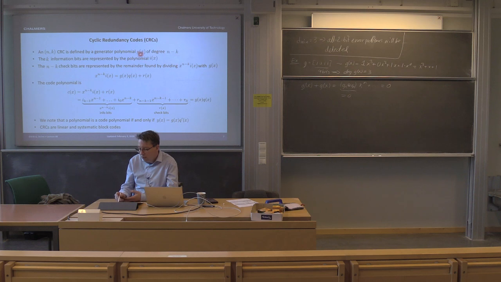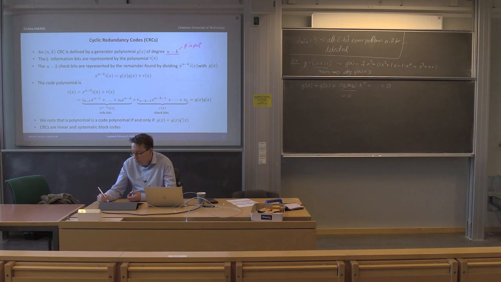Okay, and the degree of the generator polynomial is n minus k. And remember that k is the number of input bits, and n is the number of output bits. Okay, and actually n minus k is the number of check bits.